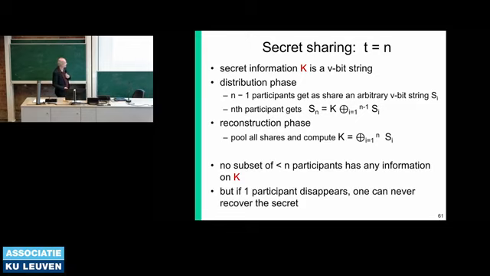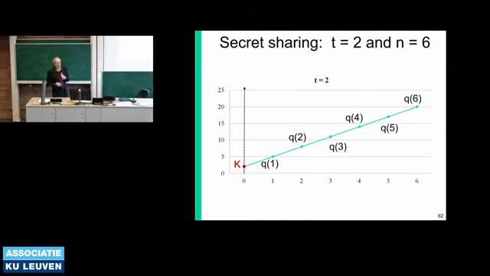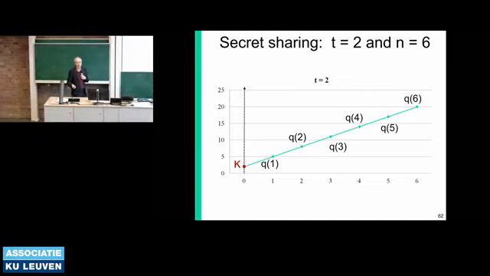So Shamir came up with a better scheme, and the idea is very simple, geometrically. You choose a random line in the plane, and you can imagine this is done with reals, but in practice we do this mod p, where p is a large prime, large enough to contain the key, so at least 128 bits.